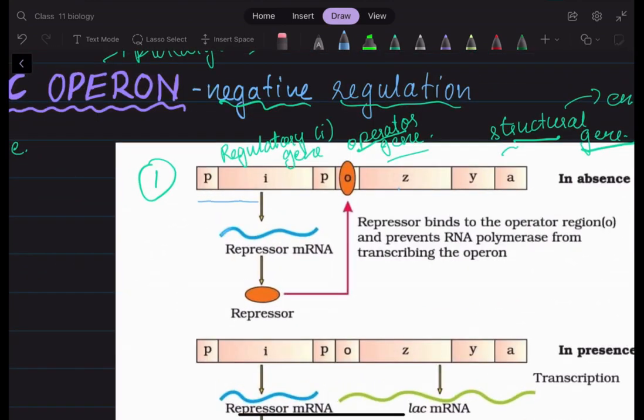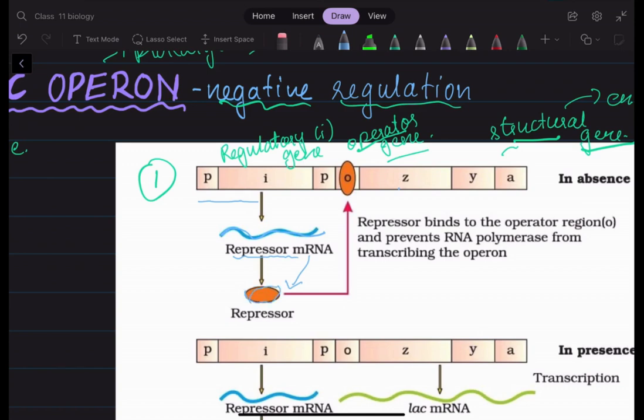So it forms an mRNA which is called the repressor mRNA, because this mRNA is going to help in the translation of the repressor protein. So this repressor protein is formed.